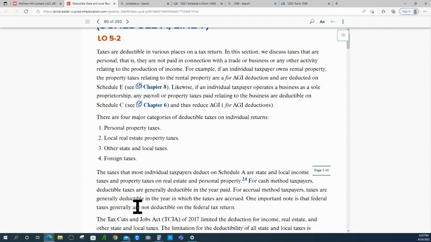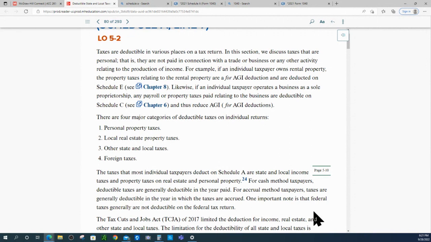Yeah, Washington has a calculator online. I'm going to show you what that looks like to figure out what your sales taxes would be. Now this is based on an average, obviously, and any items that you purchased that year, like a car or a boat or something that you paid a lot of sales tax on, you would be able to add that amount to the calculation.